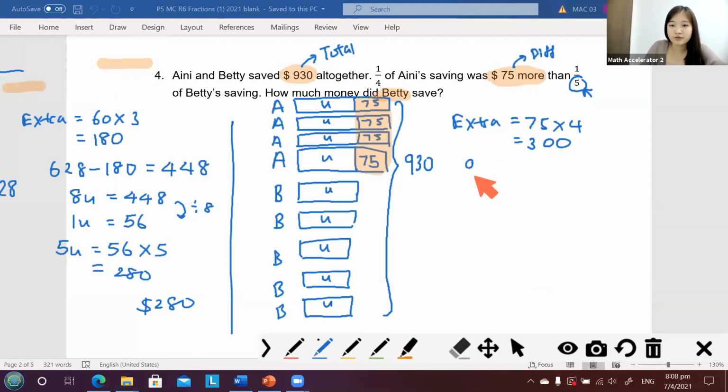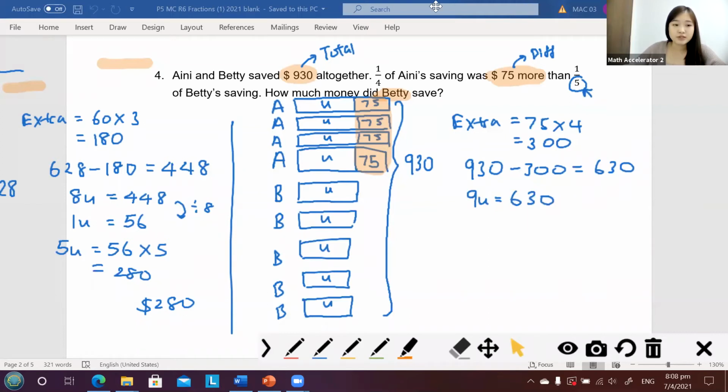So remove it first. 930 minus 300. Yes, thank you, Claire. 630. So with this, look at how many units you have. 1, 2, 3, 4, 5, 6, 7, 8, 9. So 9 units will be equal to the 630.